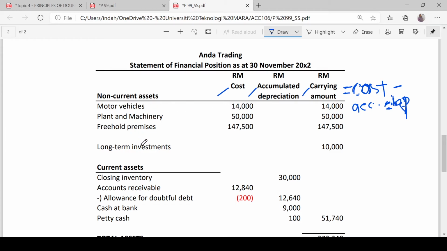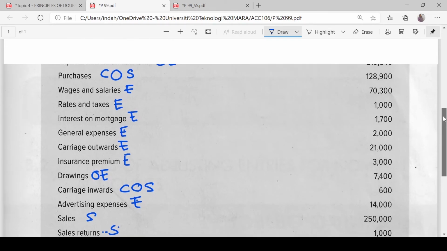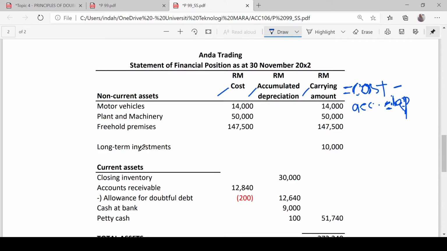Then we have one item from the list of balances, which is long-term investment. Usually we show that after we present all the tangible items in non-current asset, because for long-term investment we don't have accumulated depreciation.